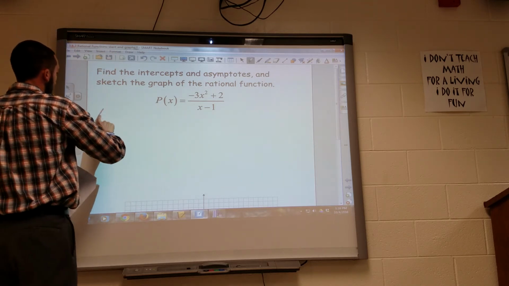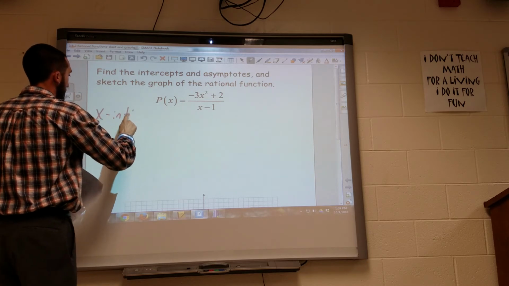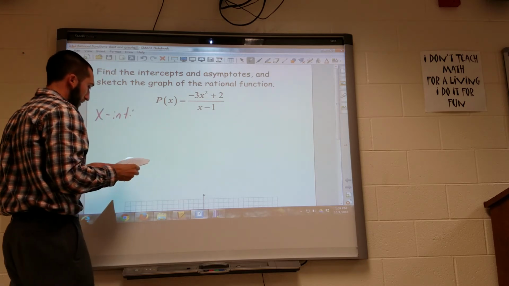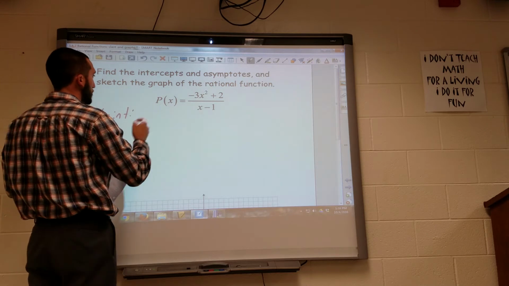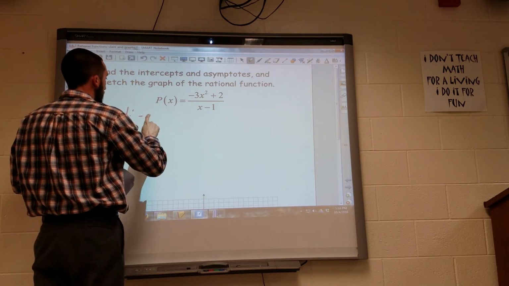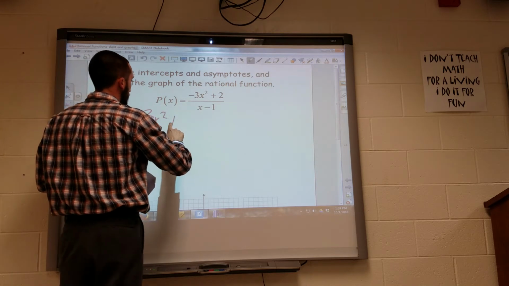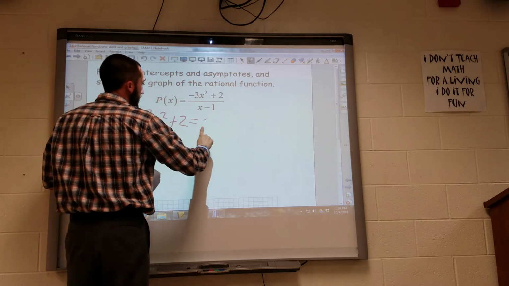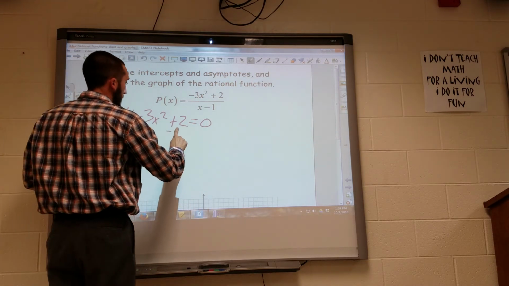So, first thing, x-intercept. X-intercept is the zeros of the numerator, so this one gets kind of funky because negative 3x squared plus 2 doesn't factor. So let's solve for x.